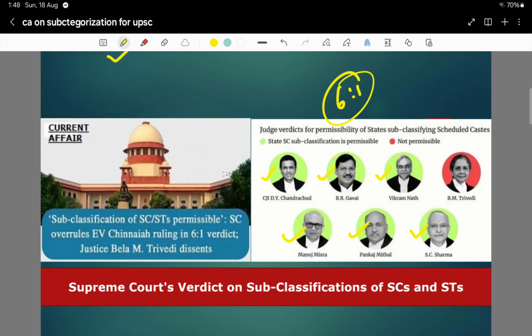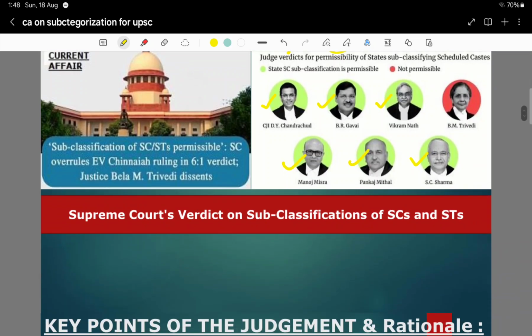This constitutional authority is seen as a move towards greater equity in distributing the reservation benefits to the most marginalized subgroups within these communities of SCs and STs.